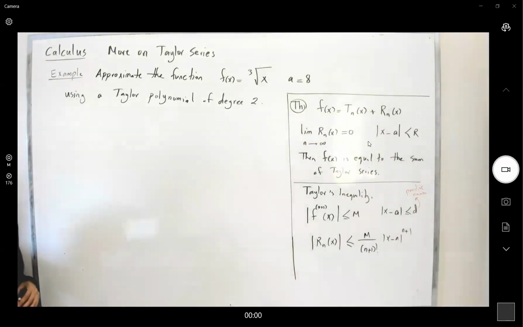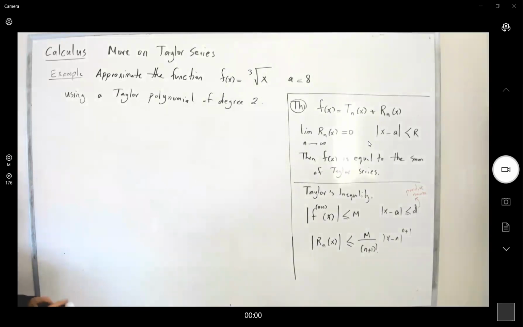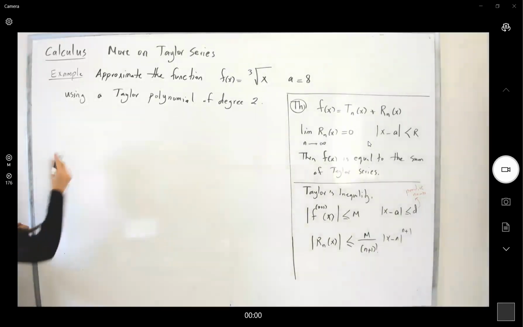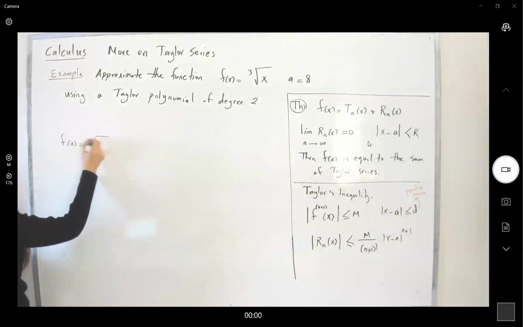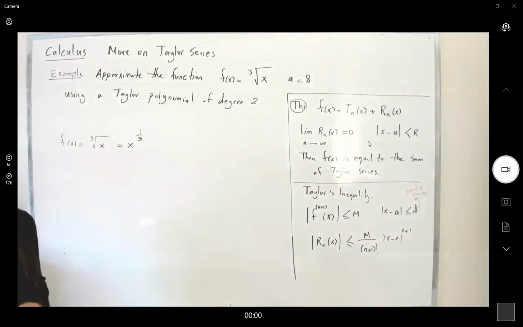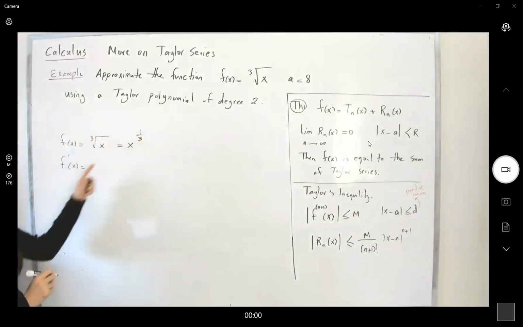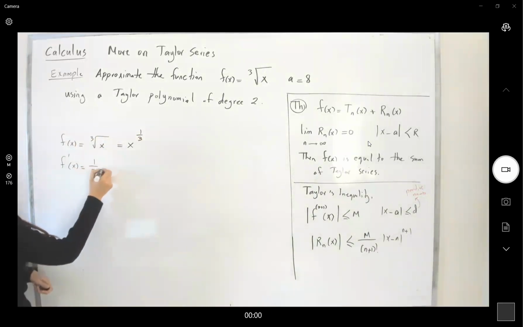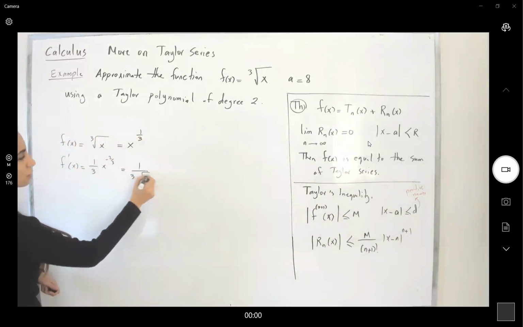Let's check to see how we can find the upper bound and lower bound for Rn of x. So this is my f of x, the third root of x, x raised to a third. What's the first derivative of this function? The first derivative is a third, x raised to negative 2/3, or 1/3 times the third root of x squared in the denominator.